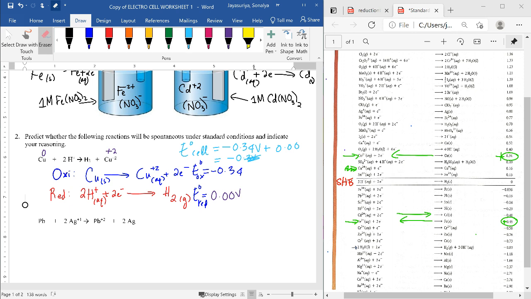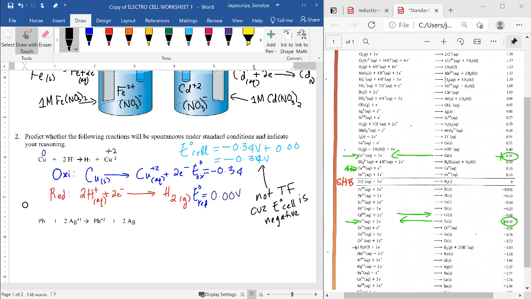Okay, so this reaction having a negative E cell is not thermodynamically favorable. Not TF, because E cell is negative.